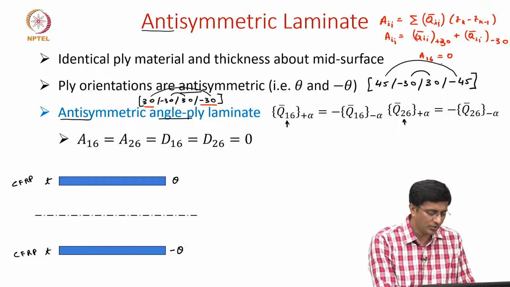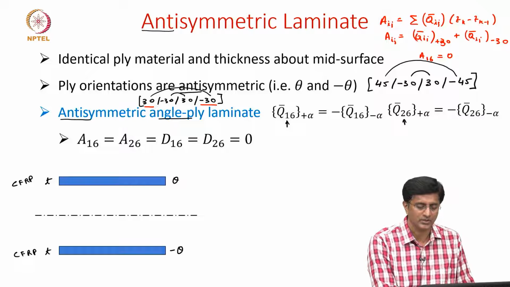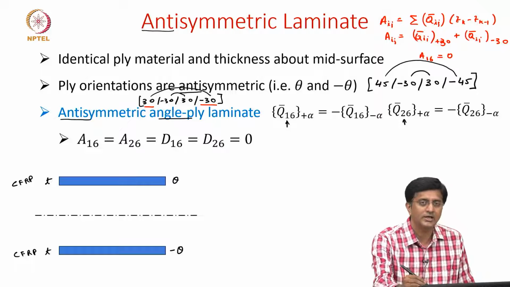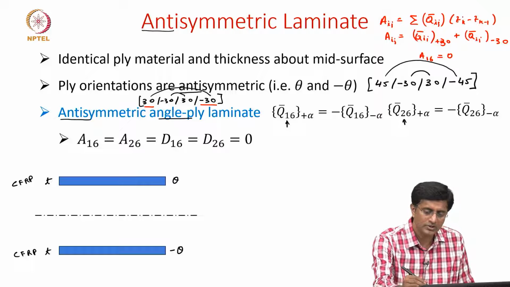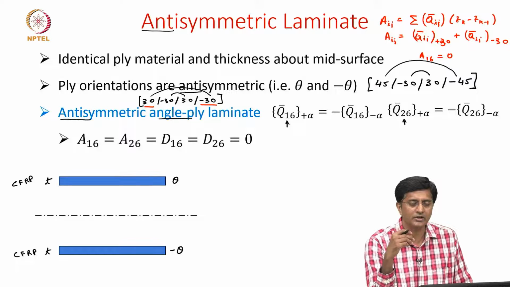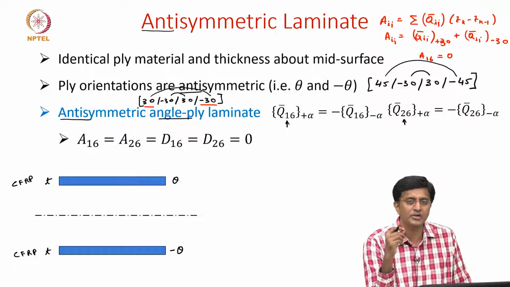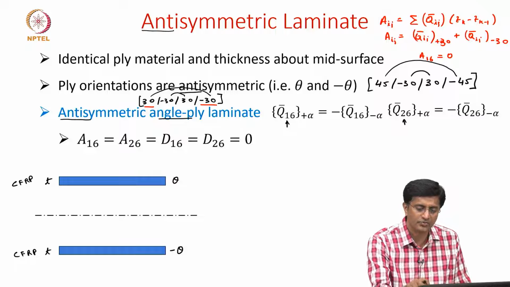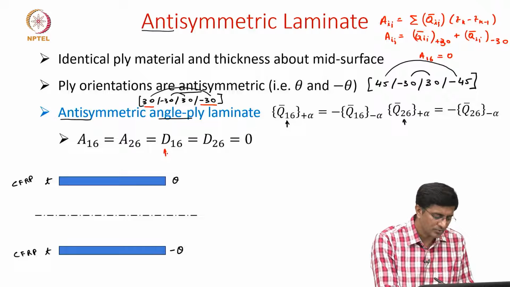We can show the same for A26. When it comes to the D matrix, Z has cubic terms, so Zk cubed minus Zk minus 1 cubed is also constant for the top layer and the bottom layer. Because of this relation for the Q16 and Q26 terms, even the D matrix terms go to 0.